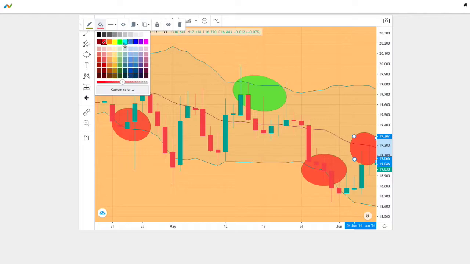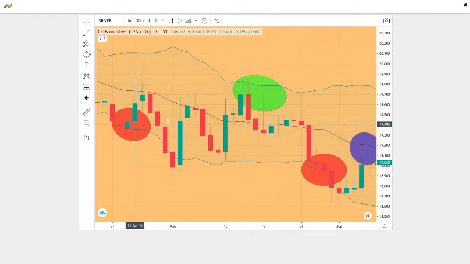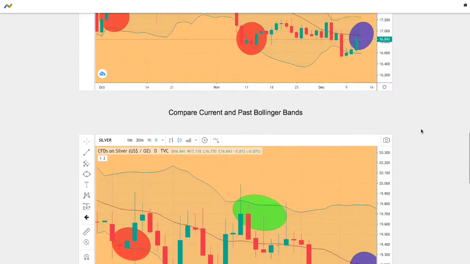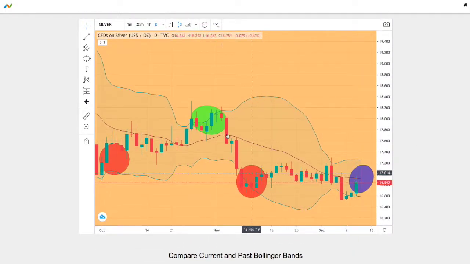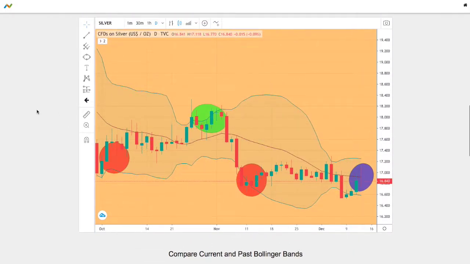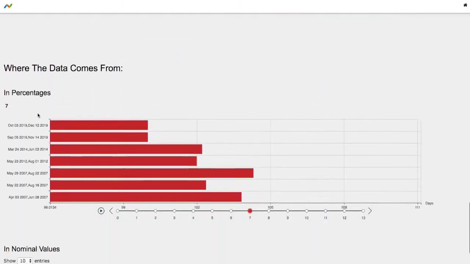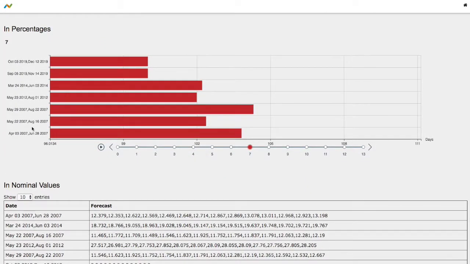So we have those points. What we have is 1, 2, 3, 4 points. We also have 1, 2, 3, 4 points. So there is reason to believe if the trends and patterns are the same, the outcome and forecast should be fairly the same.